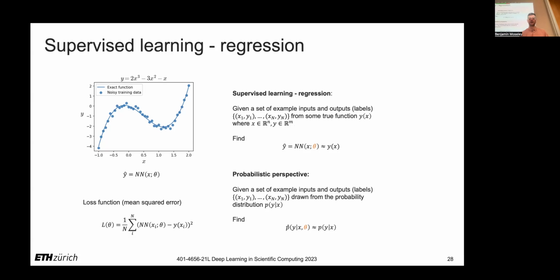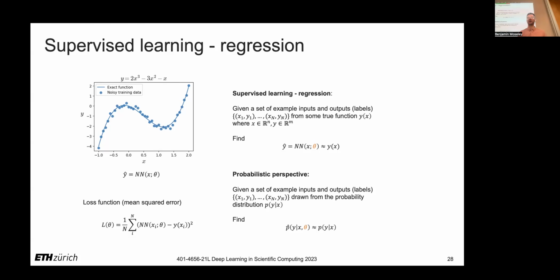Okay, so I mentioned before, to create this data, I sampled from the polynomial, but then I added some Gaussian noise to it as well. And then all of a sudden, a better way to think about this problem is to use probability theory, especially if your outputs are random variables, so they can have some randomness to them. And actually, a lot of tasks that we want to study, you can frame as a probabilistic task.